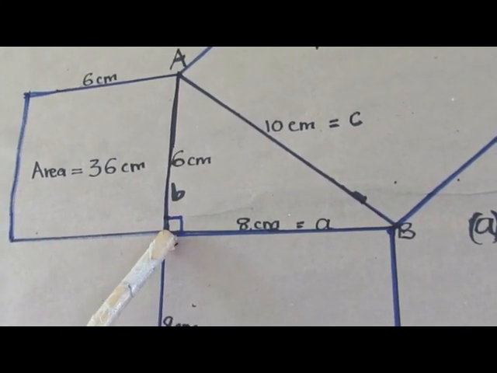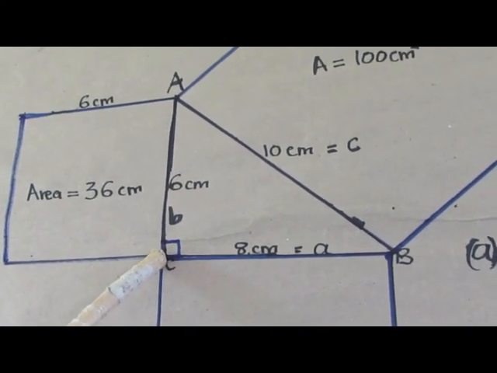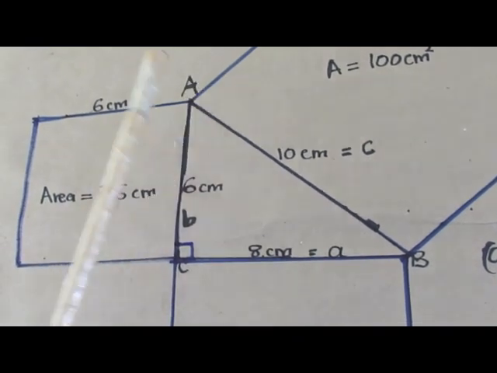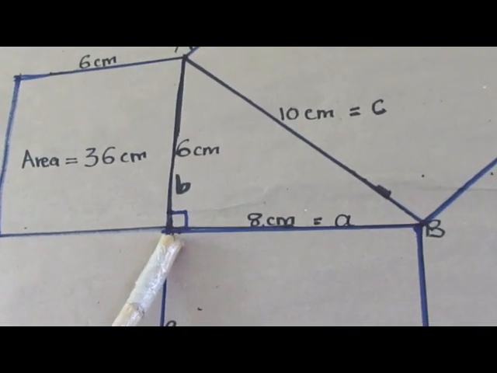Normally the angle stands between the two letters, and angles are labeled in capital letters. So it is angle ACB, which is equal to 90 degrees.